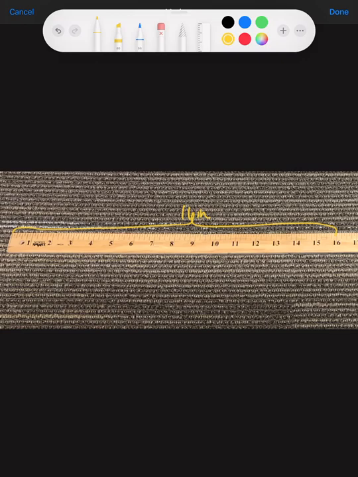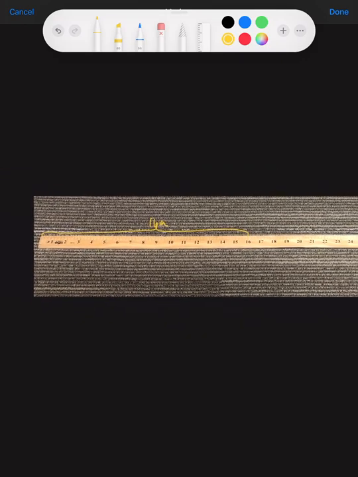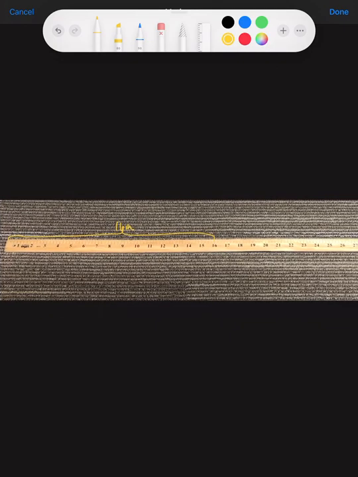Now 2 feet is going to be 1 foot and 1 foot, and each foot is going to be 12 inches. So we're going to do this one right here. So here's 1 foot here. Another 12 inches gets us to 24 inches. And so the whole thing here is 2 feet.